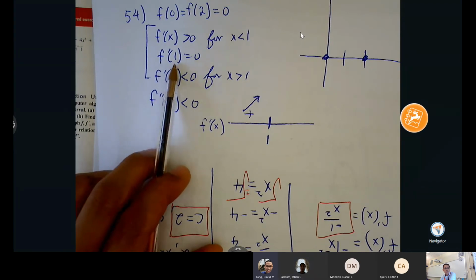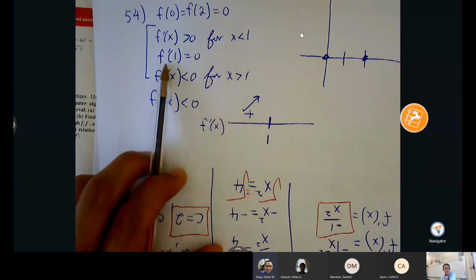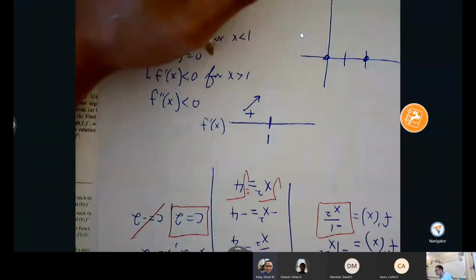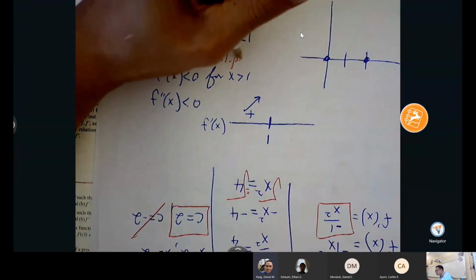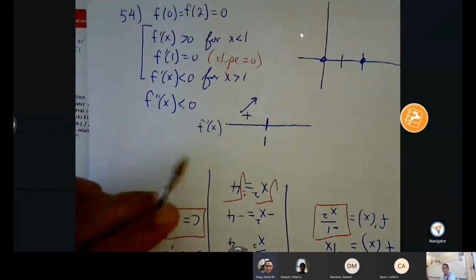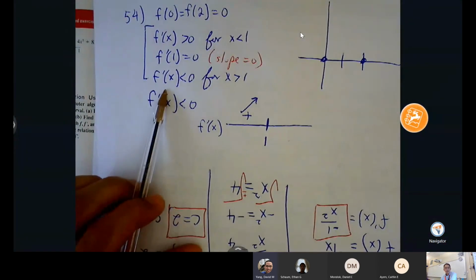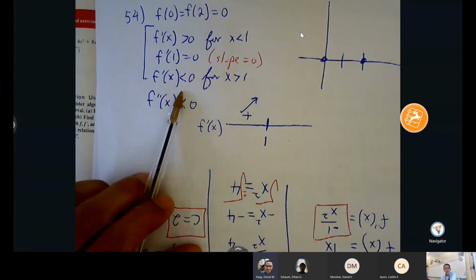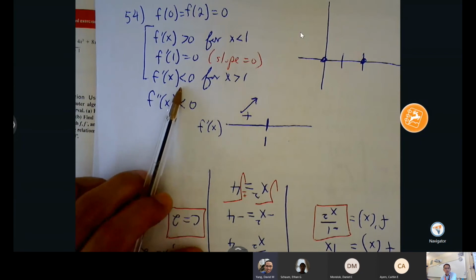So slope at 1 is equal to 0. So we have slope 0 here. Okay, final statement. F prime of x is less than 0 for x greater than 1. Negative slope to the right of 1.